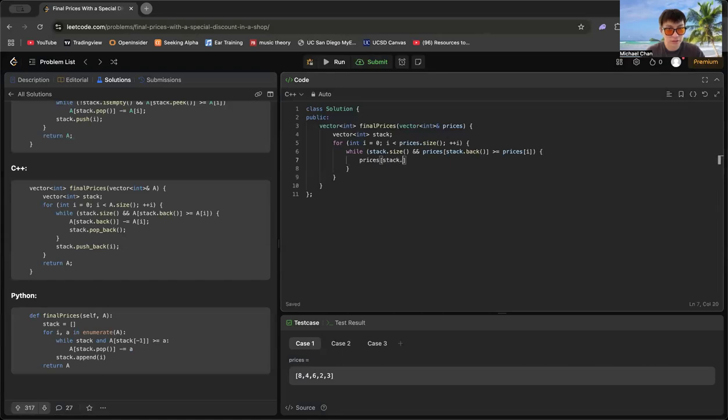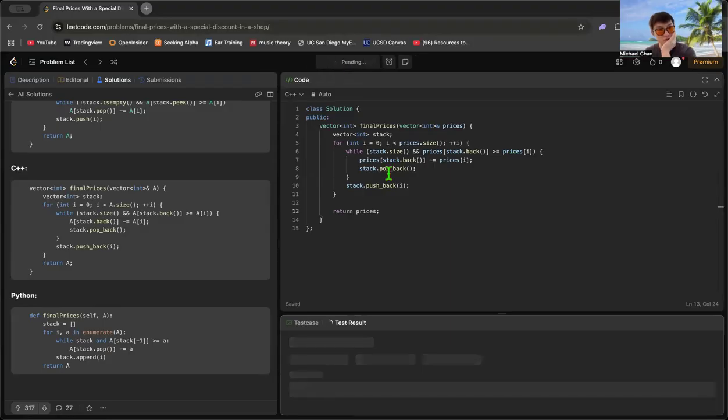Prices of stack back. Let's see if it works.